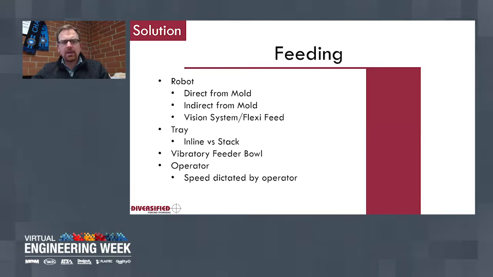You still have the good old feeder bowls, vibratory feeder bowls, or if it's a larger part, maybe a centrifugal feeder. And these are great. The great thing about this type of process is it's fast. It's going to get you parts quickly and repeatably. The challenge is with these feeding systems, vibratory feeding systems, you kind of are stuck with what you got.